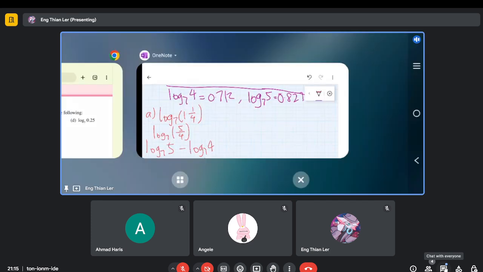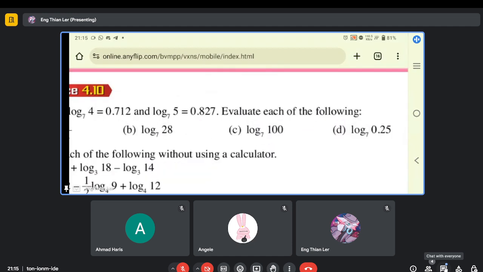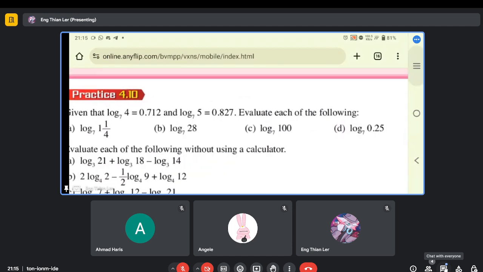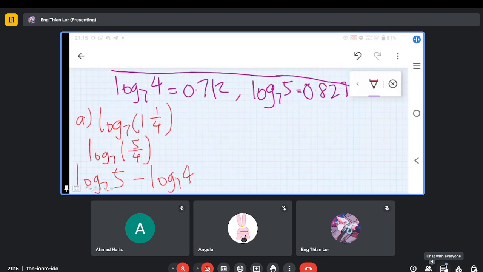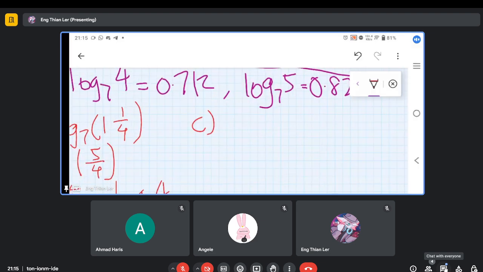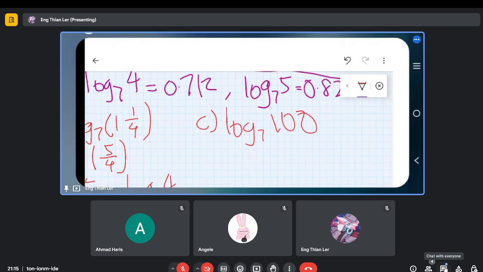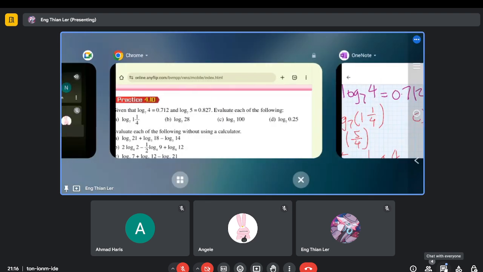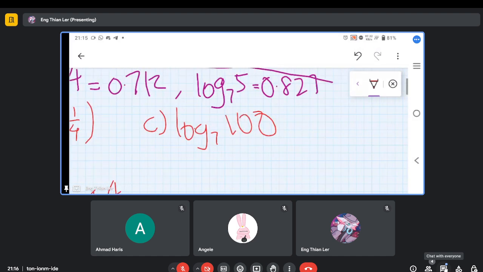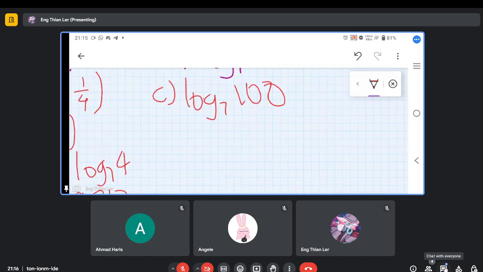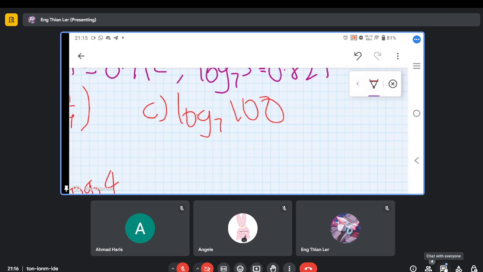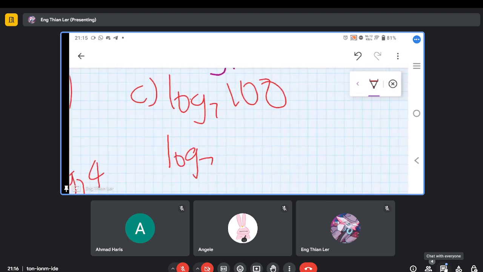So let me pick another harder one. This is C, right? Log base 7 of 100. Okay, look at this 100. What can we do to this 100? We can write this as 25 times 4, right?